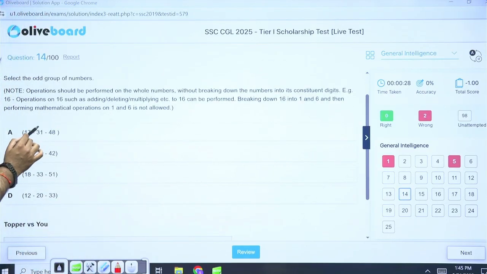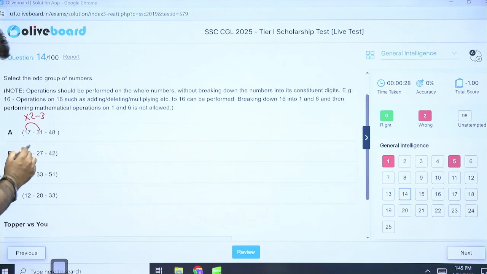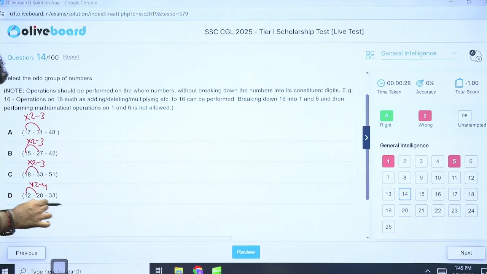Can we say into 3 minus 20? But that does not work at other places. Okay. Can we say into 2, 34 minus 3? Is it working here? Into 2 minus 3? Yes, it's working here. 18 into 2 minus 3, working here also. And 12 into 2, 24 minus 4. So I think this is our incorrect, I mean, this is our odd one out.